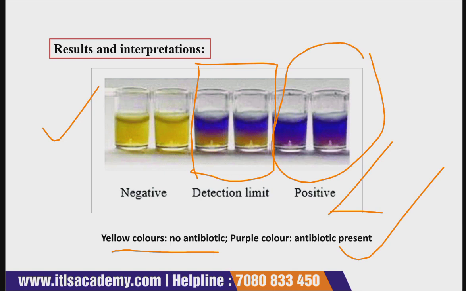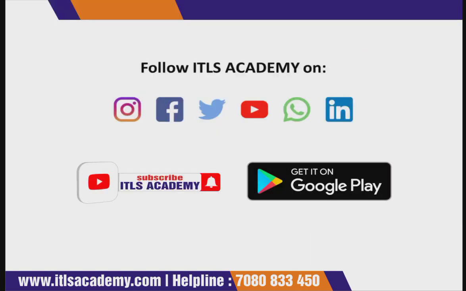And if there is a mixture of both colors, that test is invalid. So you must be properly prepared for these types of questions in the examination. And yes, that brings us to the end of the lecture.